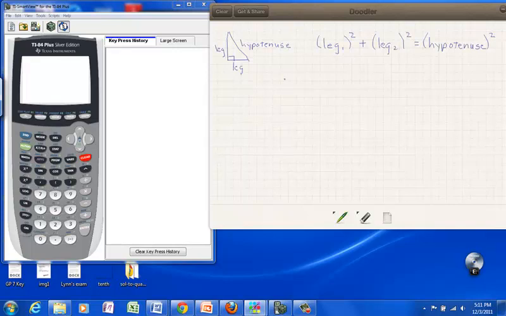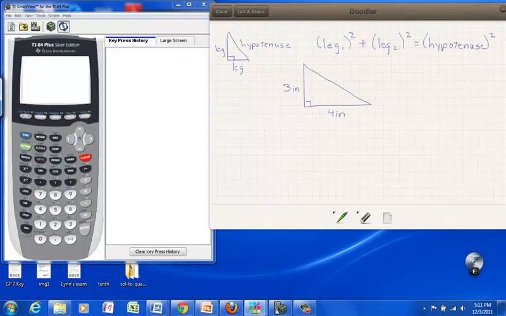Now let's take a look at an example with numbers and how we might use that. There's my right angle. Let's suppose this side is 3 inches long, and this side is 4 inches long.